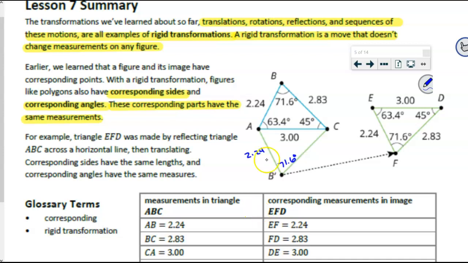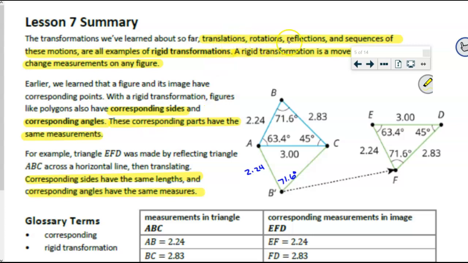So each of those angles is preserved, each of those side lengths is preserved. Again, corresponding sides have the same lengths, and corresponding angles have the same measures, and that's unique to rigid transformations, which again are translations, rotations, reflections, and combinations of each of those.